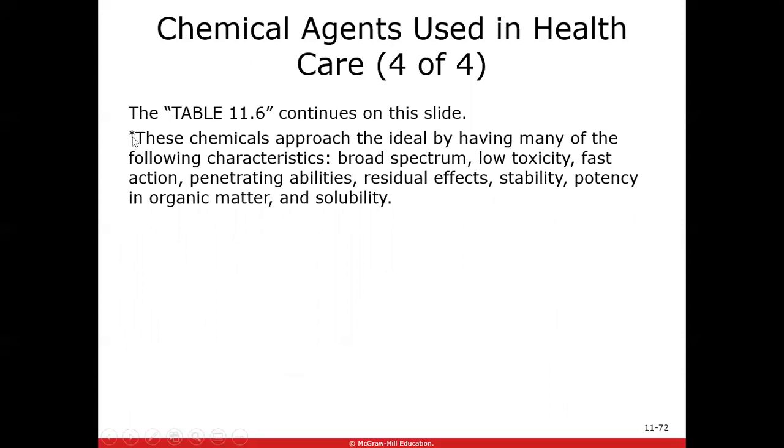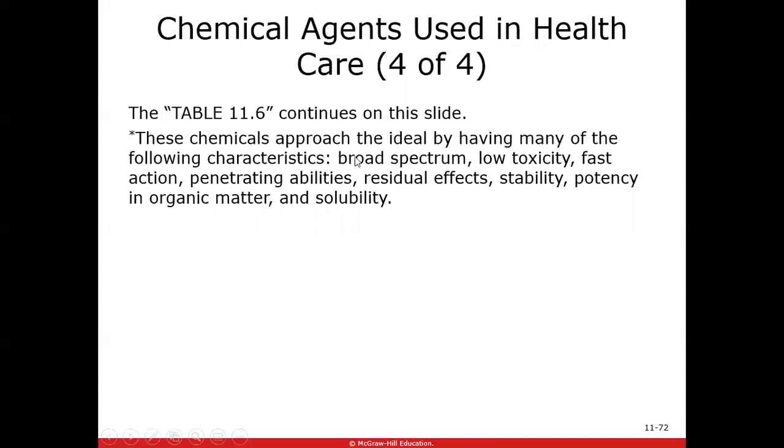When you see a star, if you go back to those tables and you see the star, these chemicals approach the ideal by having many of the following characteristics. Broad spectrum, which means it affects a lot of microorganisms. Very low toxicity. It acts very fast. You don't have to let it soak for a long period of time.